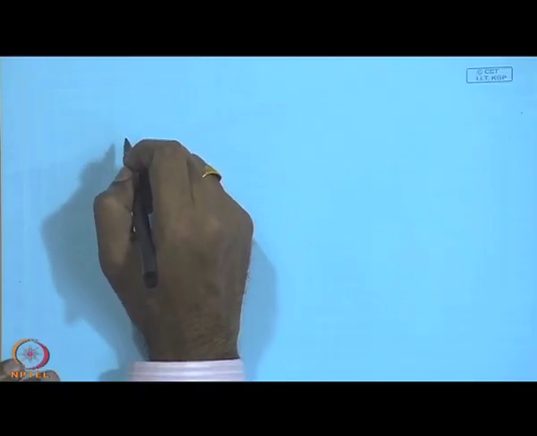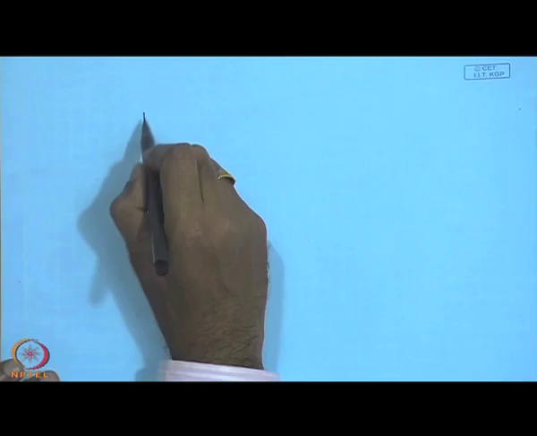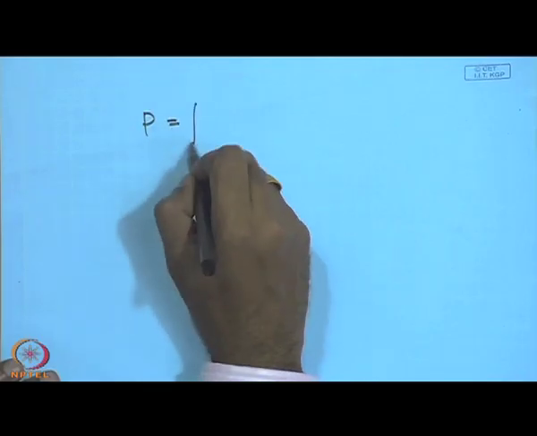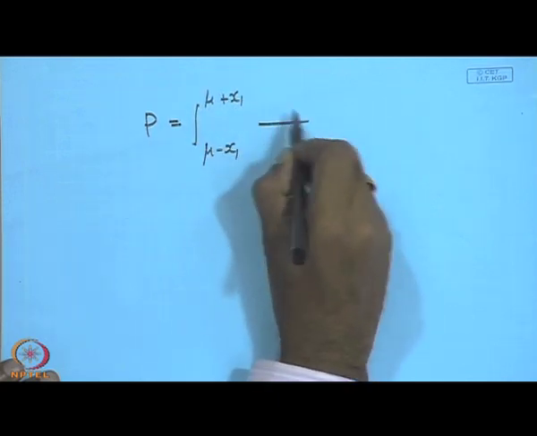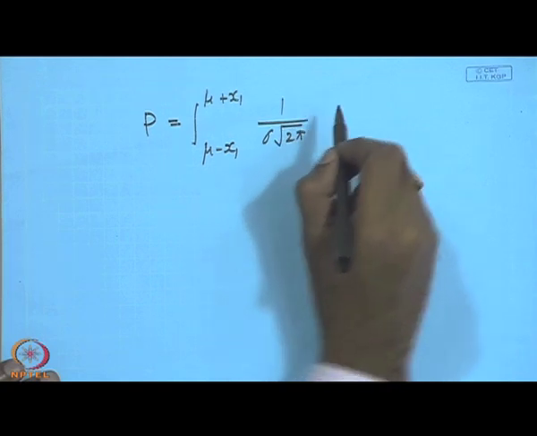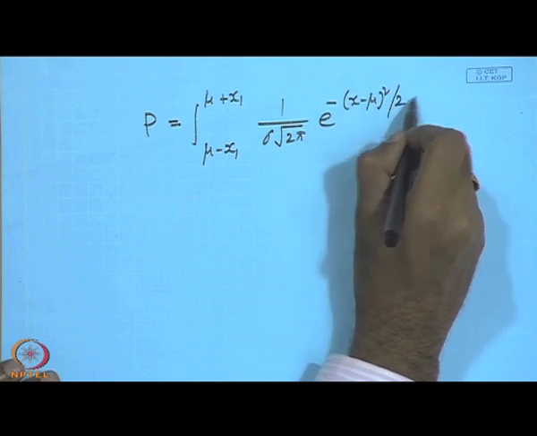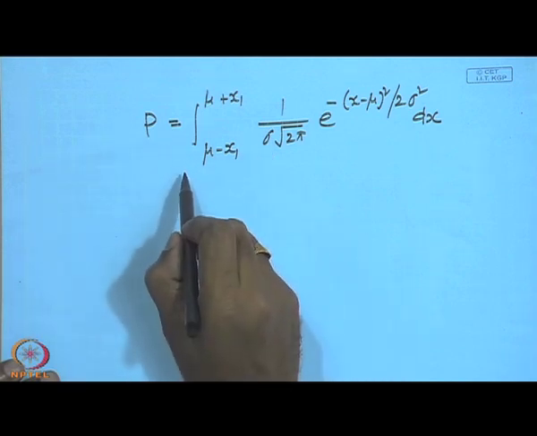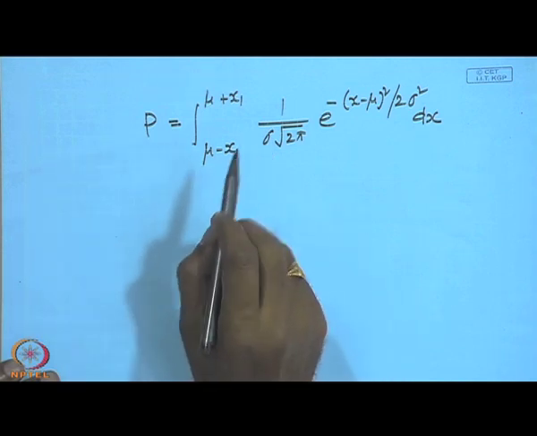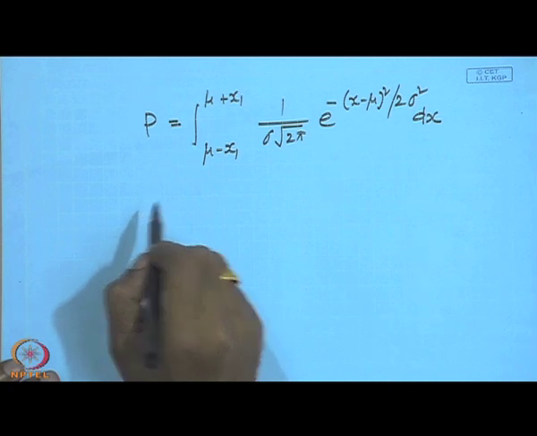The probability that a measurement will fall within a certain range x1 of the mean reading mu will be given by this integral. So, this is the probability that a measurement will fall within mu plus x1 and mu minus x1.